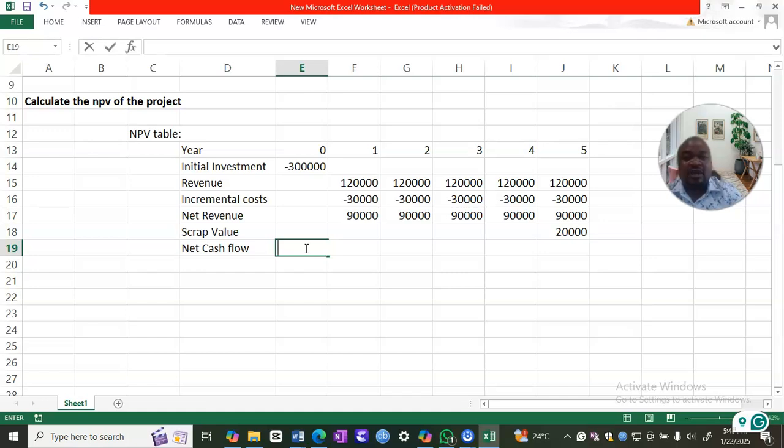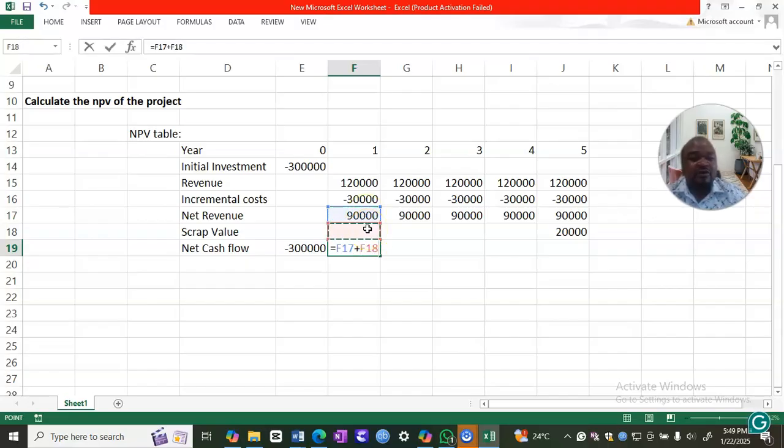So in the first column, you simply have to take the net initial investment as it is. You put your equal sign, you press the figure, you then punch enter, and it will pop up as it is. Then here, that's when you can do the formula thing: 90,000 plus the scrap value.